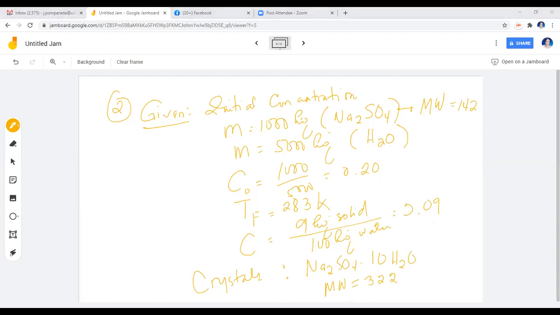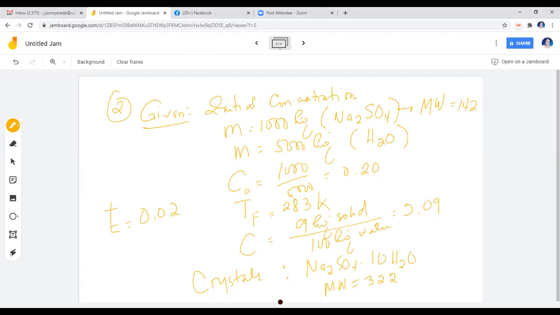What else is given here? It may be assumed that 2% of water will be lost by evaporation. I'll just write it here so everything will be written in terms of the given. You have 2% evaporated, so you have E as 0.02.